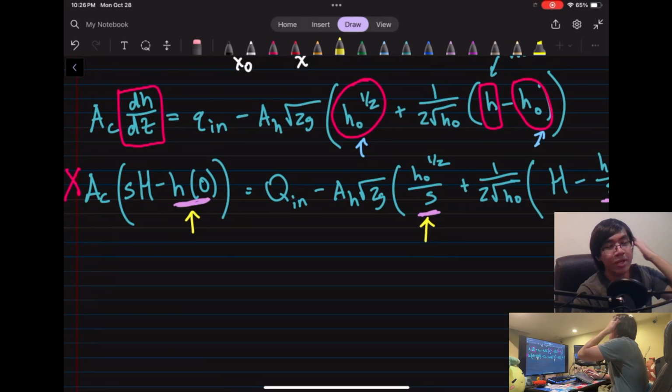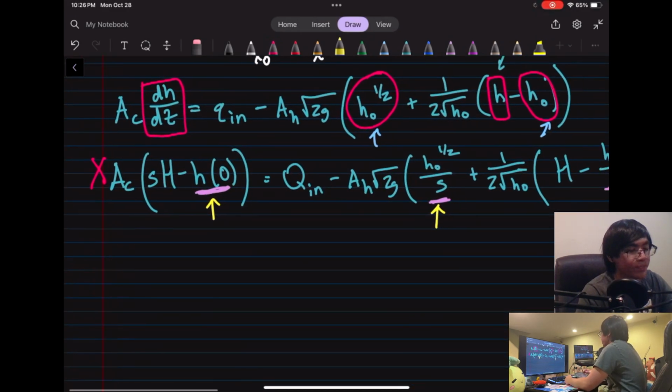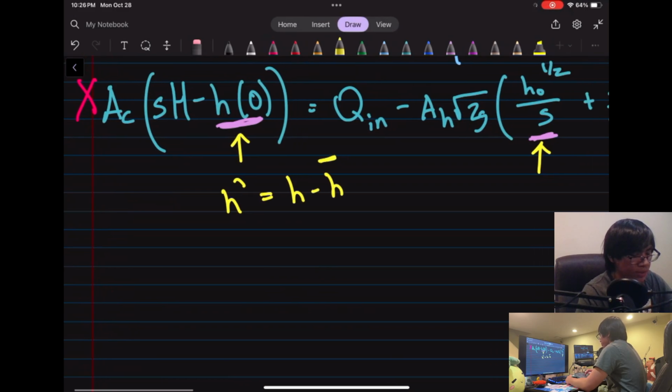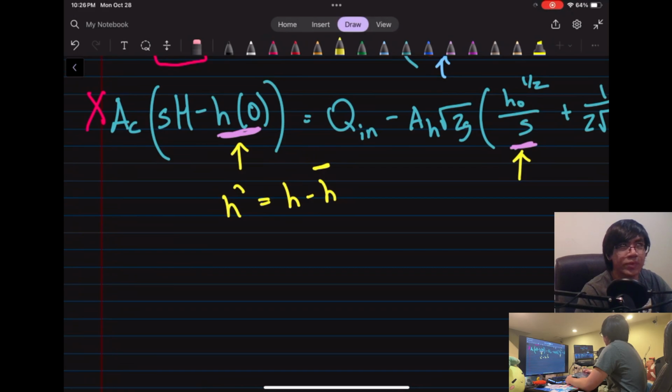And to do that, we actually use something called a deviation variable. So we use h prime, and note this is not a derivative, this is just a notation. For our deviation variable, h prime is h minus h bar, where h bar denotes the initial steady state.